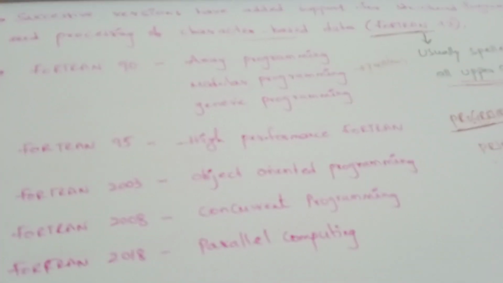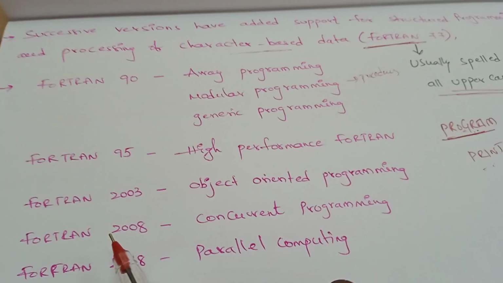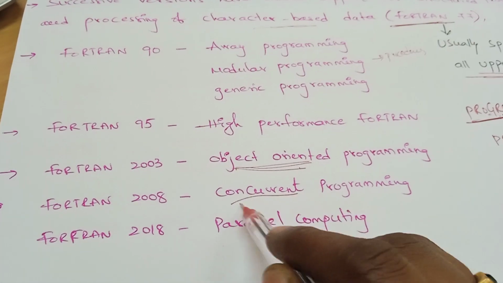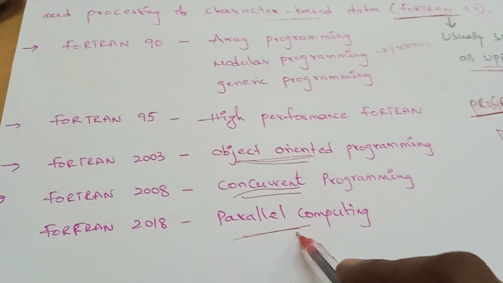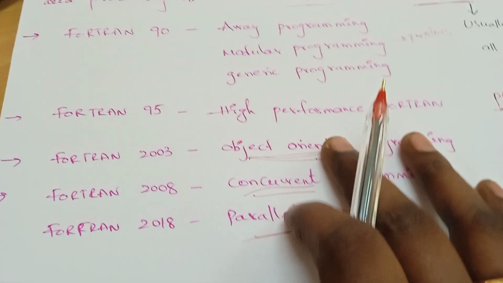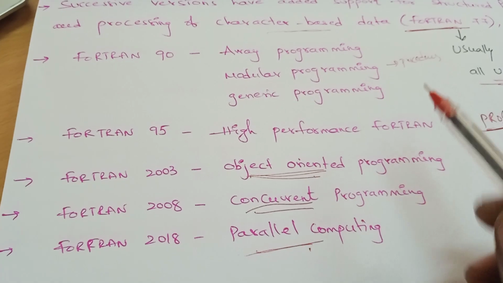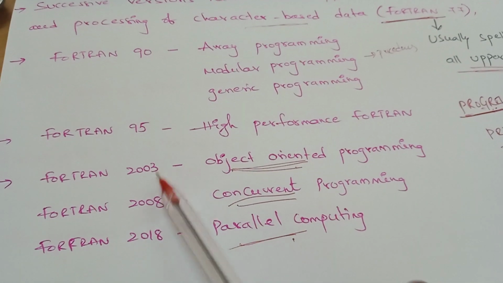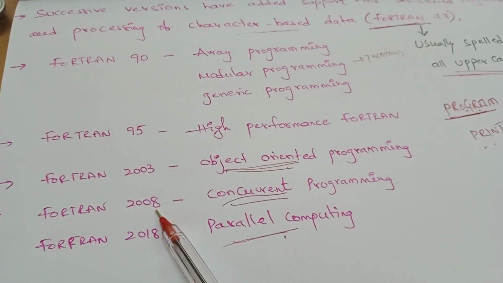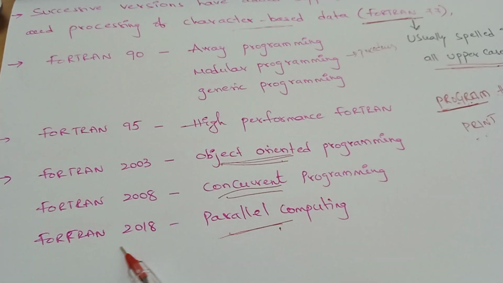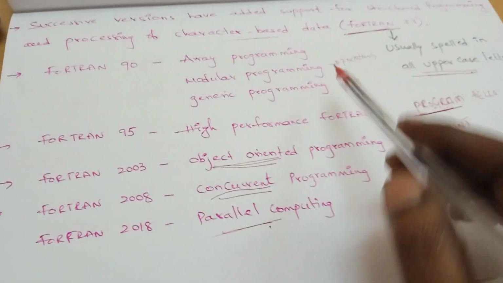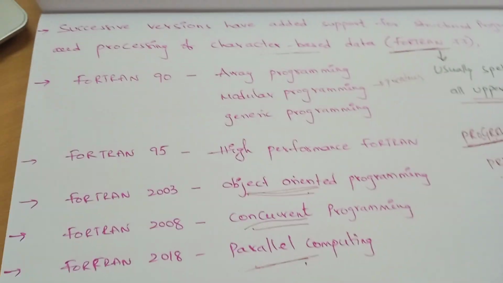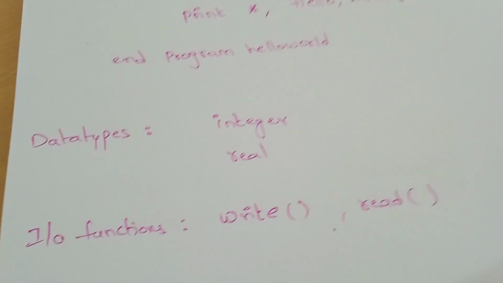FORTRAN 95 is high performance FORTRAN. FORTRAN 2003 is object oriented programming, and it has concurrent programming and parallel computing. So altogether FORTRAN is a multi-paradigm language. It supports structure oriented in FORTRAN 77, object oriented in FORTRAN 2003, concurrent programming in FORTRAN 2008, and parallel computing in 2018. When you keep all these things together, you can understand FORTRAN is a multi-paradigm programming language.